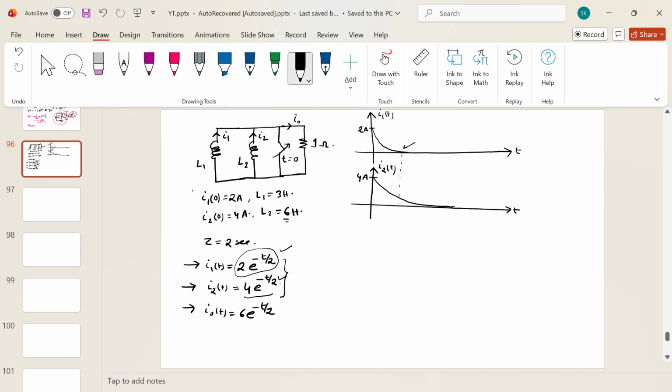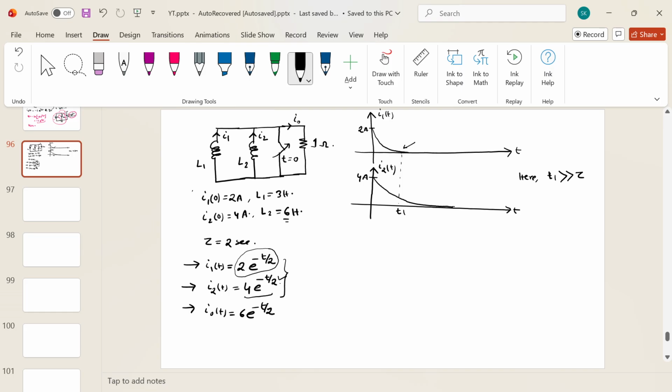But for better approximation, I am saying this particular current will become 0 at this particular instant t1. Okay, and let's say t1 is much more than the time constant.